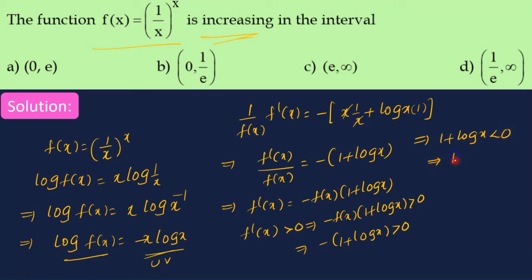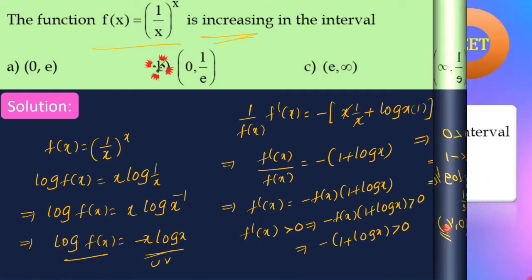This implies log x is less than minus 1. This implies log x is less than log 1 by e. This implies x is less than 1 by e. Therefore, x belongs to 0, 1 by e. That is, the function increases in the interval 0, 1 by e. Therefore, the answer is option B.